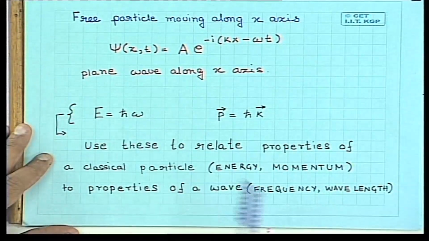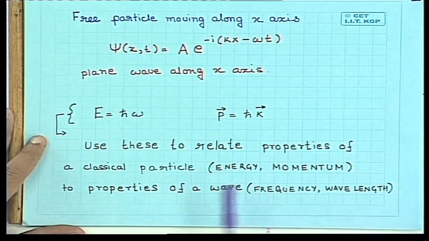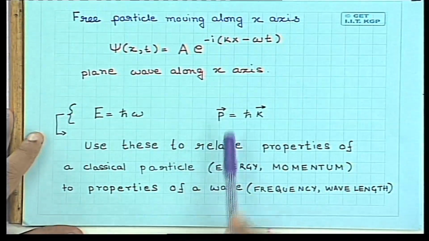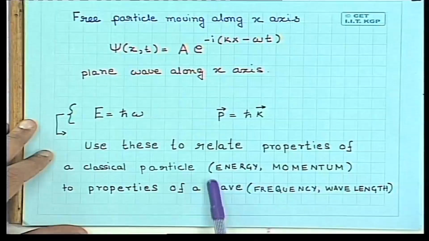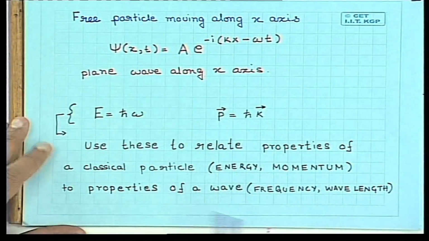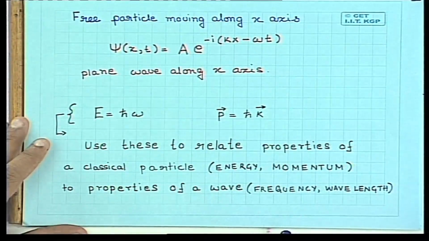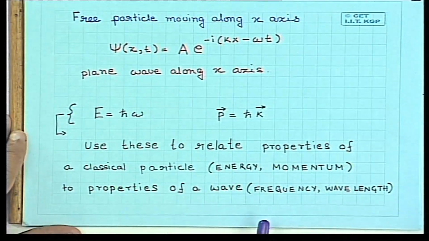So using this, we can relate the classical properties of the particle. So we have an electron, it has some classical properties, and the ones which are pertinent here are the energy and the momentum. So using this, we can relate the energy and the momentum of the electron to the properties of the wave, which describes the motion of the electron.